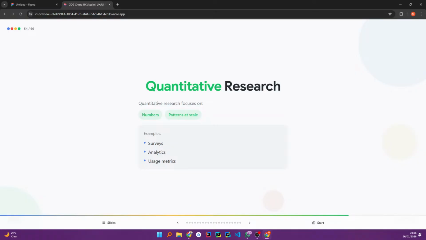Let's say you're building an e-commerce site, and you find out that 50% of the users leave at the checkout page where they're supposed to pay. That is an example of quantitative research, looking at those figures and understanding why they actually left at a certain point in the website.